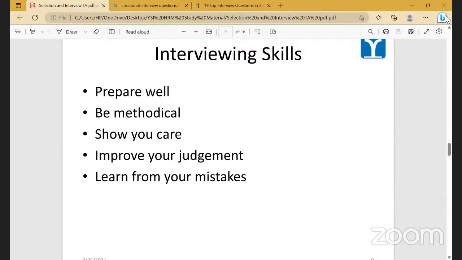Then comes the next one, learn from your mistakes. It's very human to make mistakes. It's not necessary that because you're an HR manager, your techniques and skills are so good that you cannot make mistakes. After every interview, just ensure you note down every point, so that you know what mistake you made and what you can improve next time, how you can make your interview process better. To be very honest, I do it even now after 21 years of work experience.